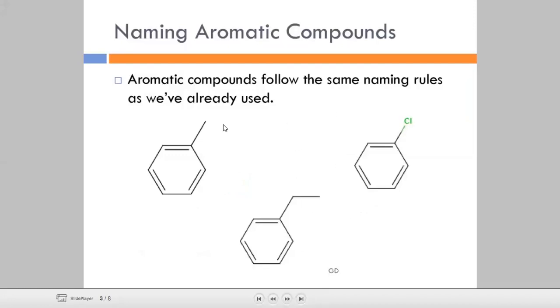So they follow the same naming rules that we learned before. If we have a branch here, then I would name this methylbenzene. This is just chlorobenzene. And this is, what would you name this? The one to the bottom.